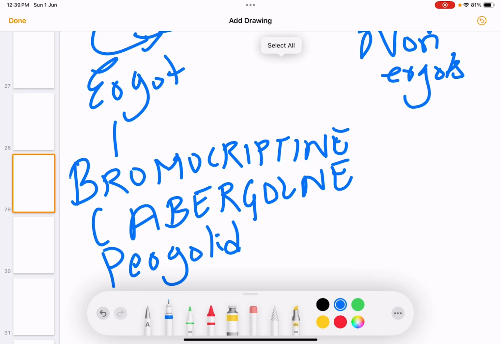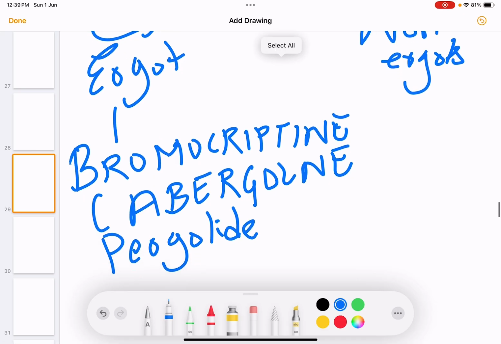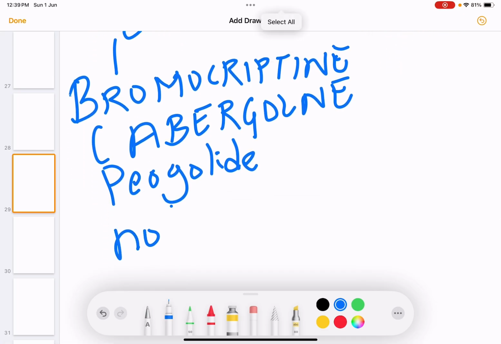These ergots are not used in Parkinson's disease anymore because they can cause ergotism.